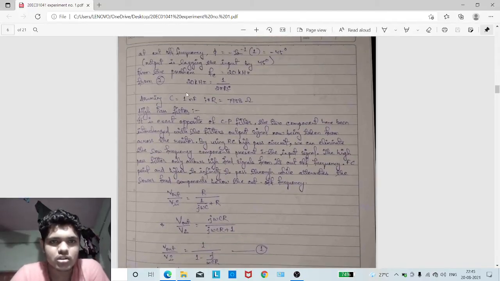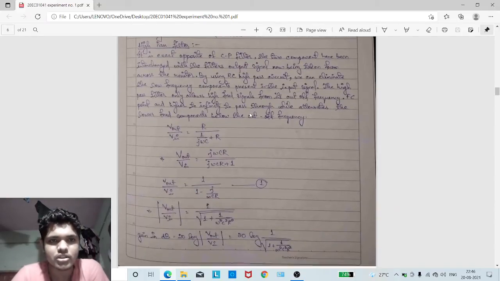After that, for the low pass filter we are assuming C to be 1 nanofarad, and we'll get the resistance value as 7958 ohm, and we are taking this value of the resistance for the experiment.